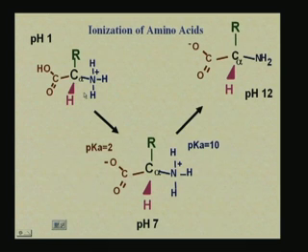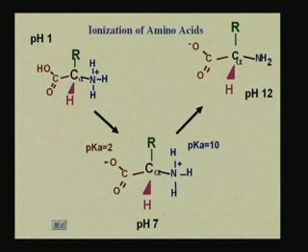As you increase the pH, or rather if you consider a titration, say you are adding base. So, what is going to happen? The base is going to abstract the protons from the amino acid in the order of the ease of abstraction. Okay. So, what is the first one that is going to get lost?